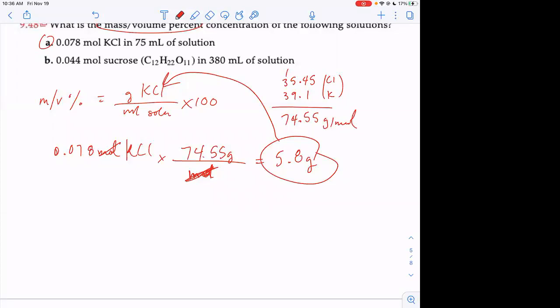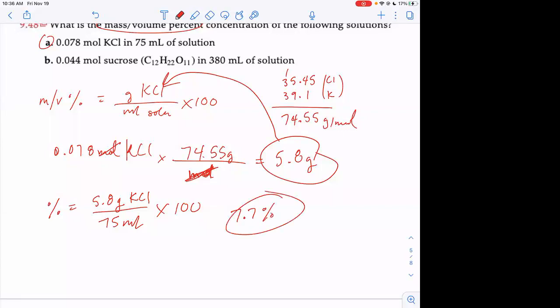And we have 75 milliliter solution. So now percent is going to be equal to 5.8 grams, that's the KCl, divided by 75 milliliters of solution times 100. That's 7.7%. Yeah. Fine.